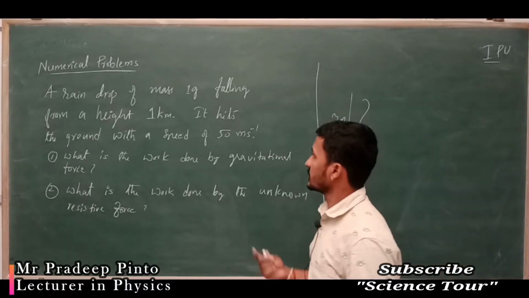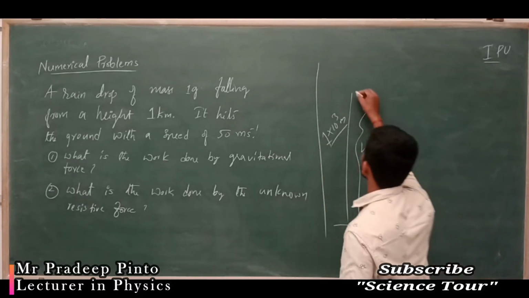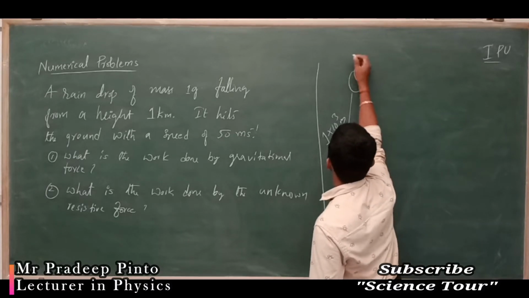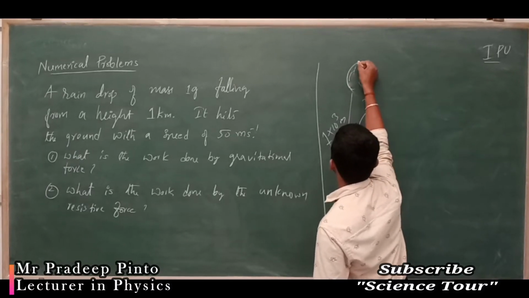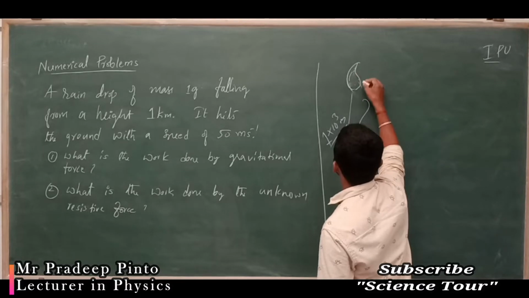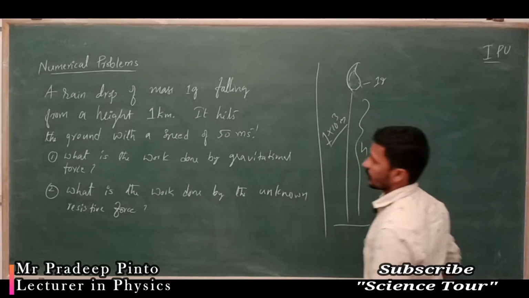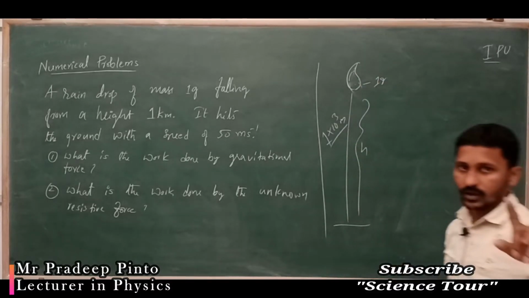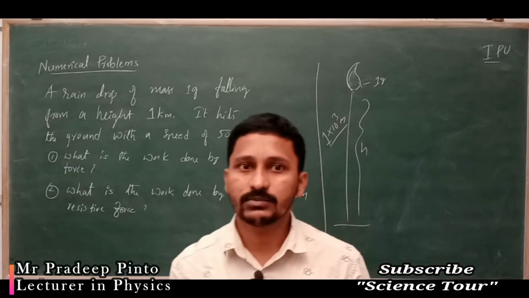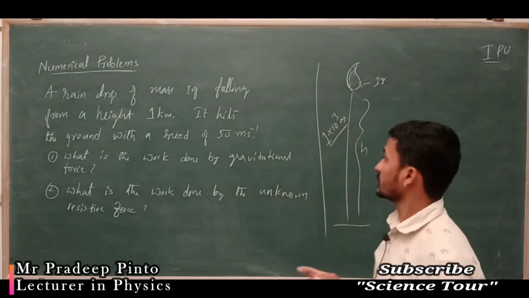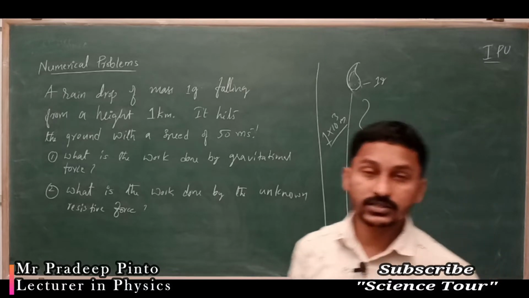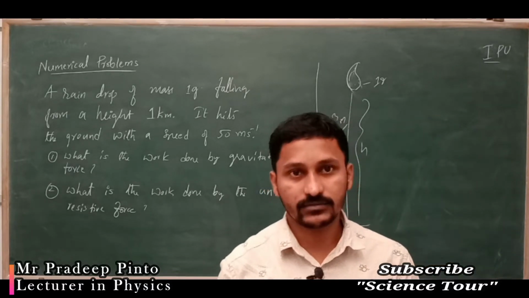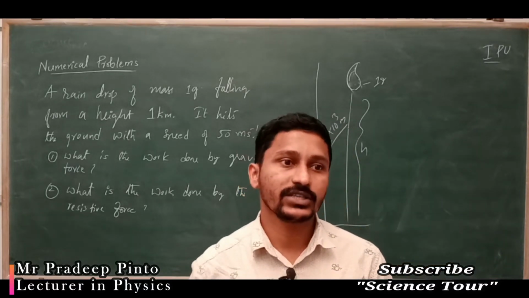Next, what is the mass? The mass of the raindrop is 1 gram. 1 gram means what? 1 kg means 1000 grams, and we are going to express the mass in terms of kg.